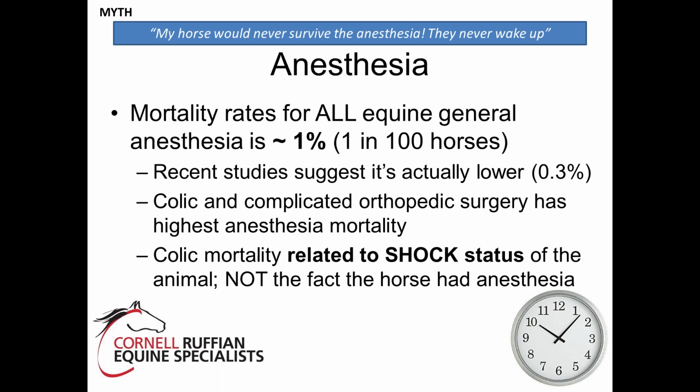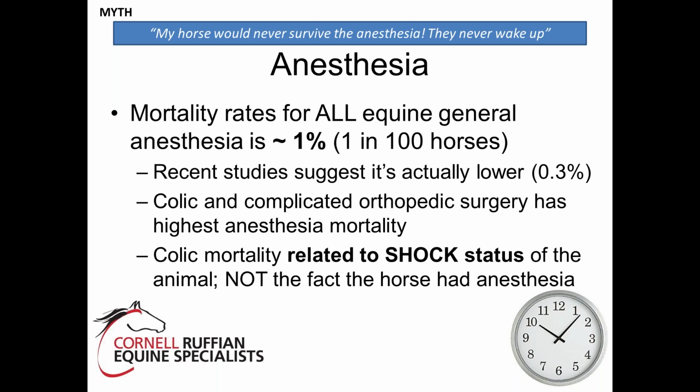So herein lies huge differences, and why people get confused or have misconceptions about whether colic surgery is good or bad. If I told you your horse has a displacement, they are unlikely to come in with much of a shock status. Their heart rate may be a little elevated, but their blood pressure is good, they're well hydrated, everything else is fine.